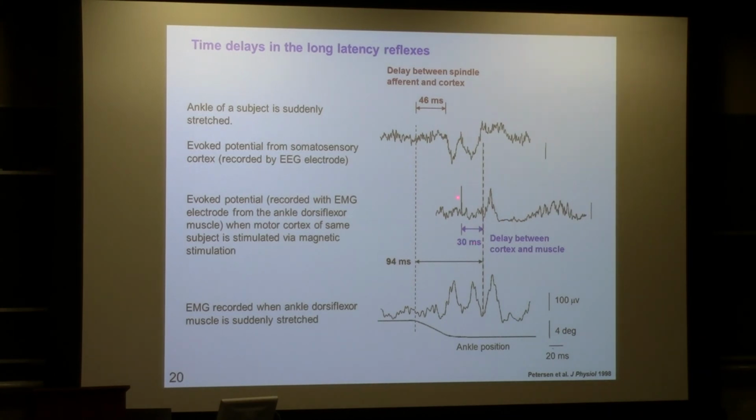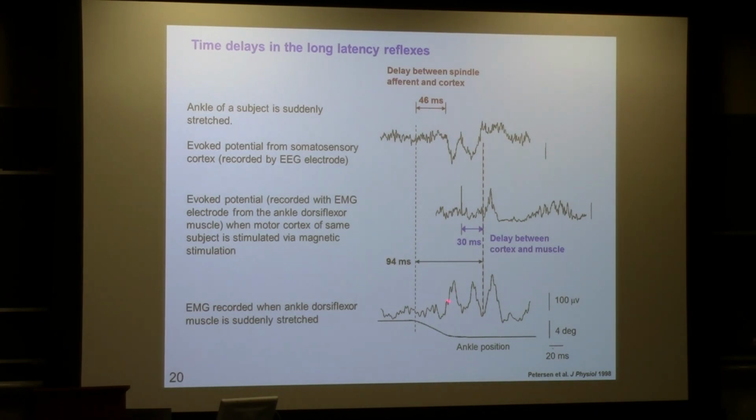So if we add up roughly this delay and this delay, you get something like this amount, about 90 milliseconds or so, which says that for the information to go from the spinal cord to the brain and back down, this is the amount of time you need. So you might say this late response, after about 100 milliseconds, is probably going from the spinal cord to the brain and back.